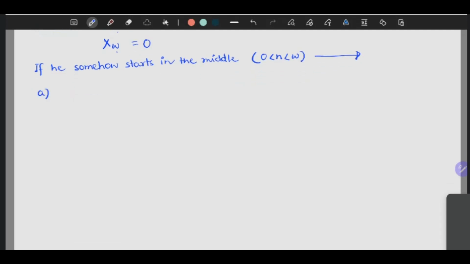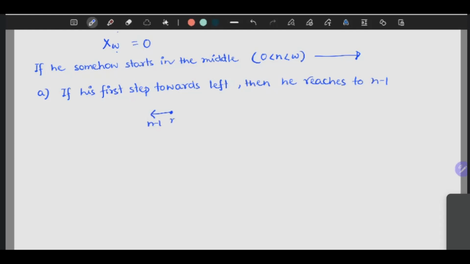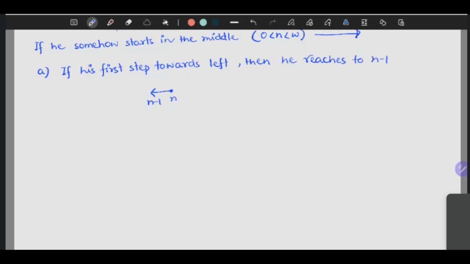First, if his first step is towards the left, then he reaches n minus 1, because this is n, left will be n minus 1, right?